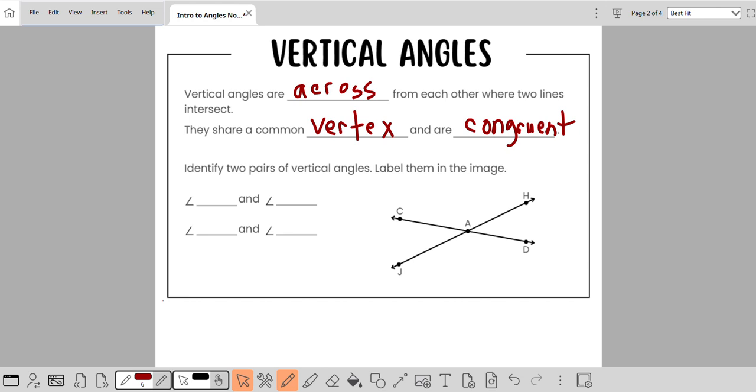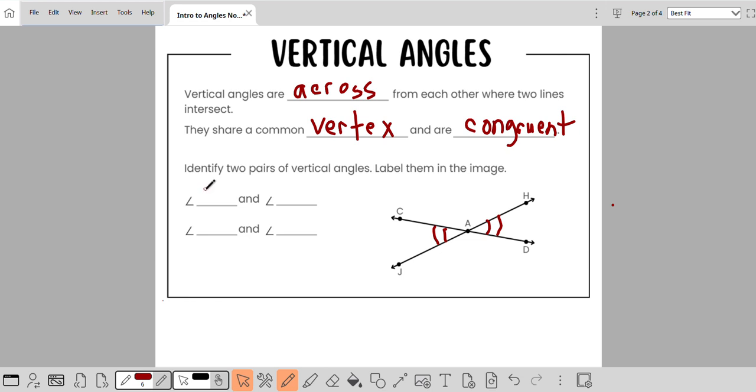Now, this is asking us to identify two pairs of vertical angles. Label them over here. So I said, okay, we can do that. So let's look. Just by looking, we know that this angle here is exactly the same as that angle there. That means they are vertical. So let's name those angles first.